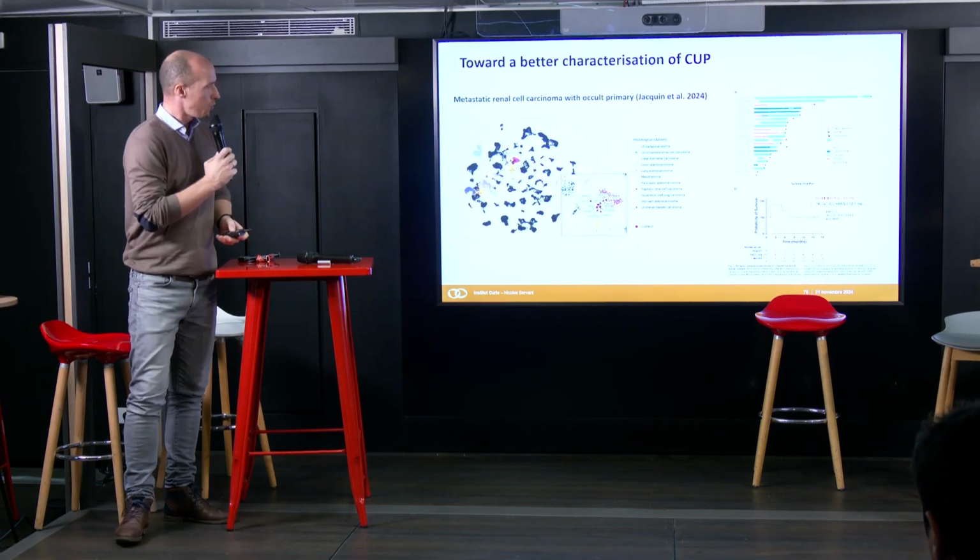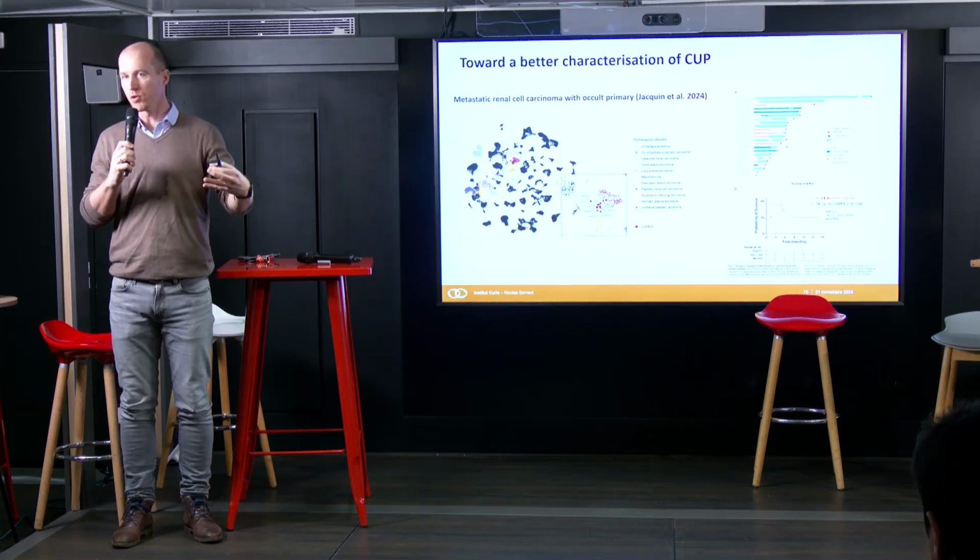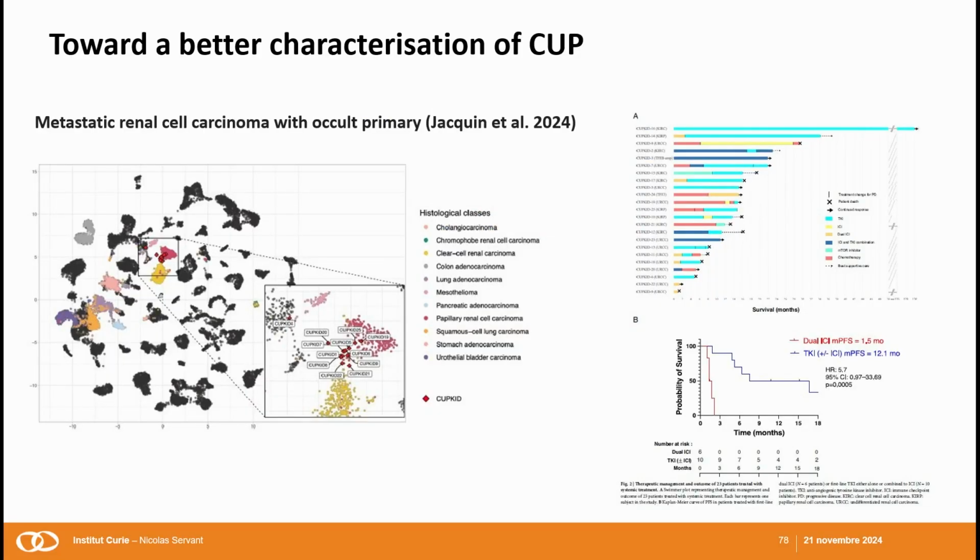The other thing we can do with such a tool is much more research in biology. This is a very small example of what we did a few months ago, where we were interested in a very rare type of tumor, called metastatic renal cell carcinoma. You only have a few cases per year, so that's really rare. But actually, we have no idea about the biology of those tumors.